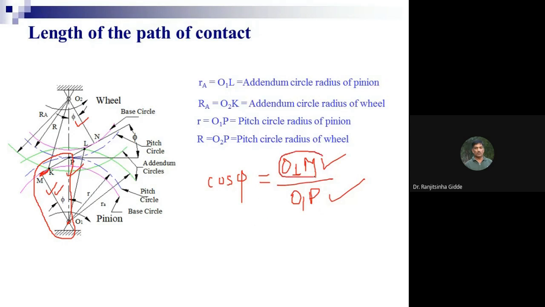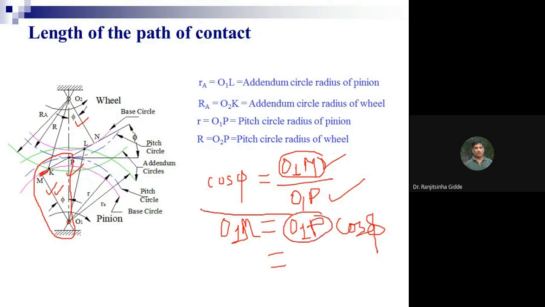How to write the value for this? Very, very simple. O1P into cos phi is nothing but O1M. And what is the value of this O1P? It is nothing but small r.